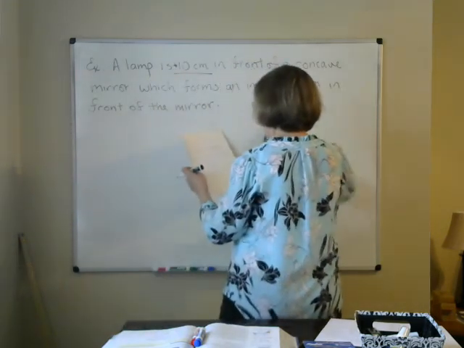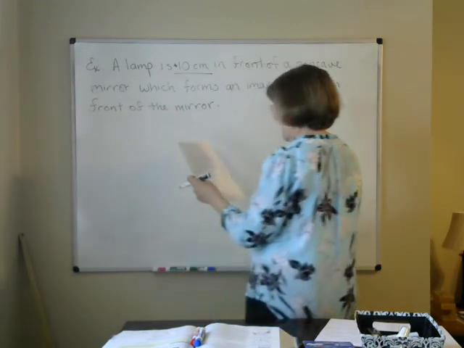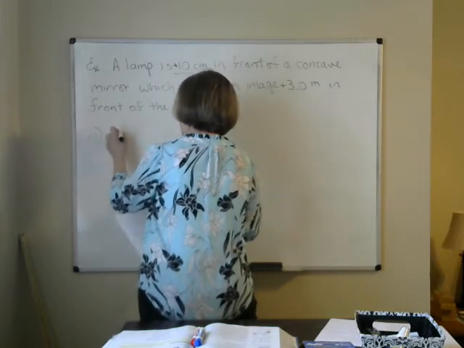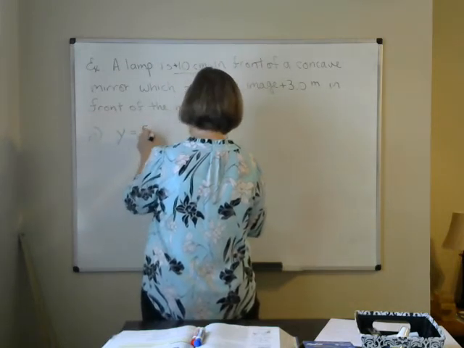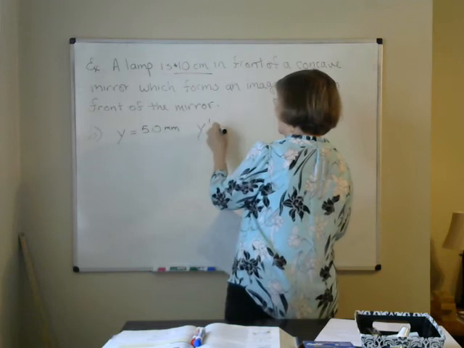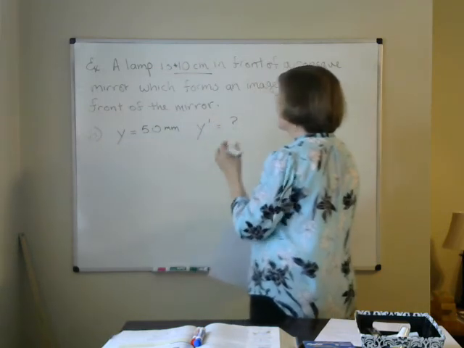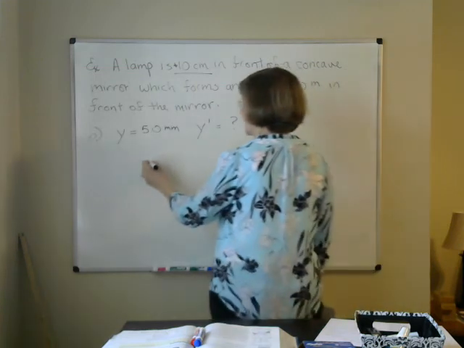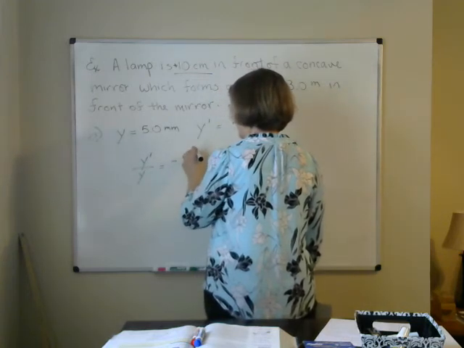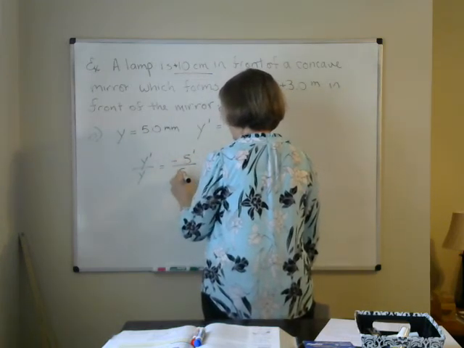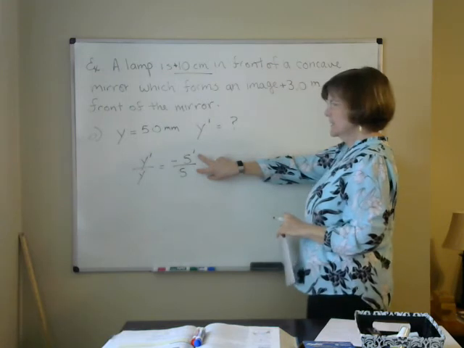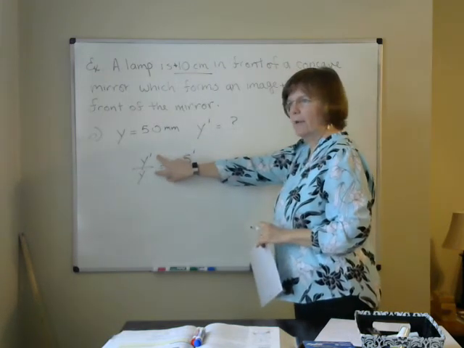Part B says if the lamp filament is 5 millimeters high, how tall is the image? So B says if y is equal to 5 millimeters, can you find y prime? Well, yes, because we can use the latter part of that magnification formula that said y prime over y is equal to negative s prime over s. Now, s prime and s have to have the same units, and if we do, then y prime and y will also have the same units.